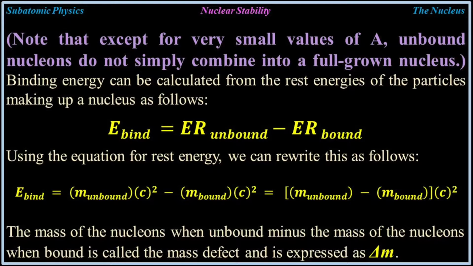E bind equals m unbound c squared minus m bound c squared, which equals the quantity m unbound minus m bound, all times c squared. The mass of the nucleons when unbound minus the mass of the nucleons when bound is called the mass defect and is expressed as delta M.